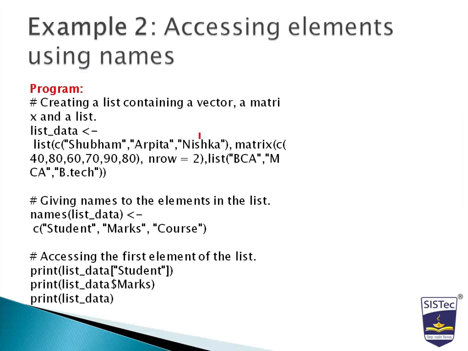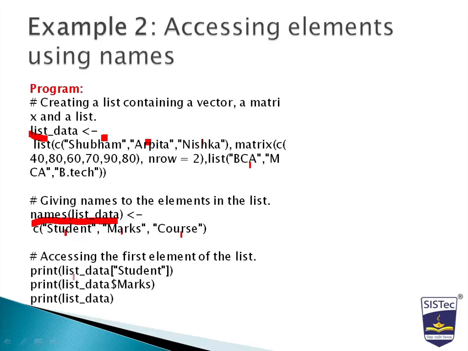Now, how can we access elements using the names? For this, we also take the same example as list data. Now, here we create names for the list data. The names are students, marks and course. So Shubham, Arpita, Nishka are the students. The matrix is treated as marks, and BCA, MCA and BTech are treated as courses.